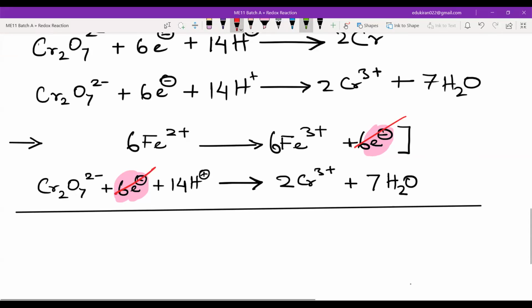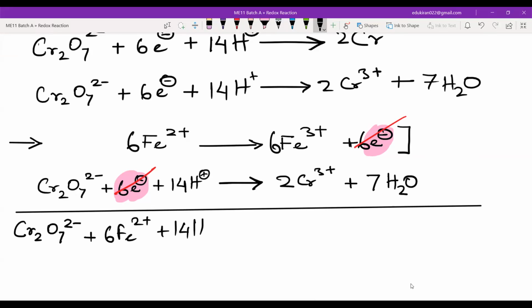Right now you can copy this. So we will do one for basic medium.